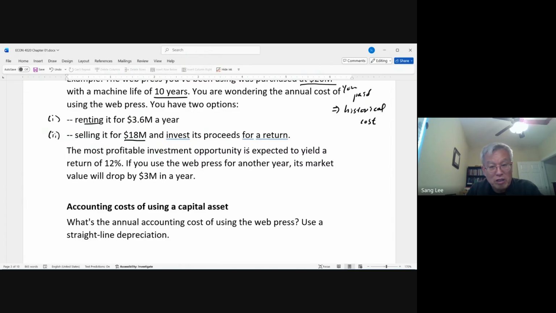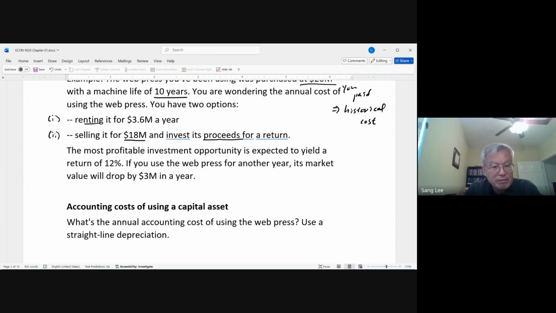You're not going to sit on that money, so you can keep it in an interest-bearing account, or put the money in some other investment opportunities. So here your second option is to sell it and then use the money for the return out of an investment.